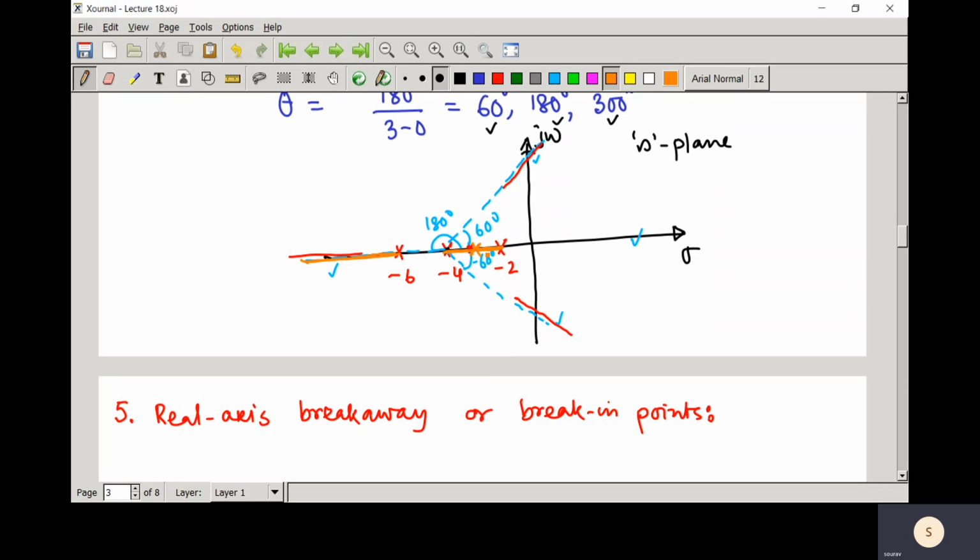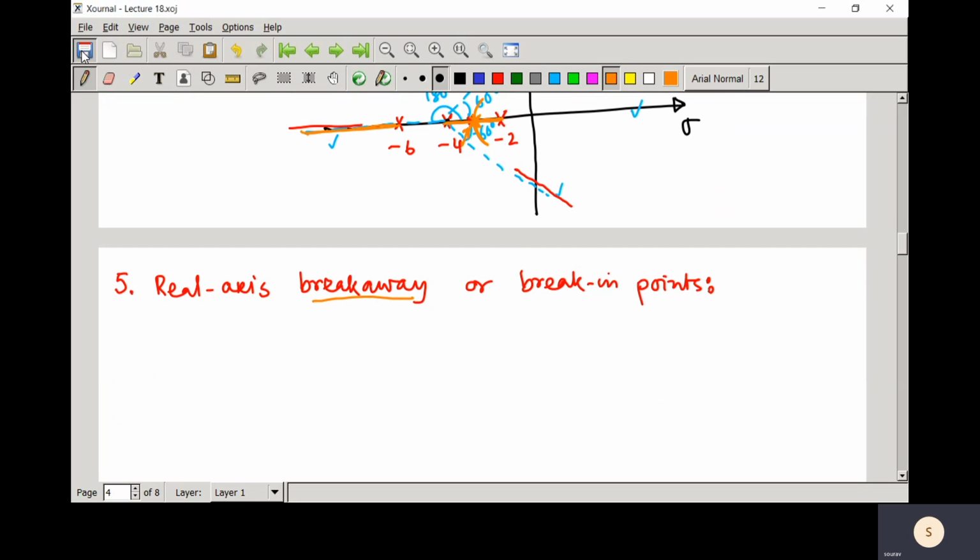So there would be some point somewhere where it will go away from the real axis. We are interested in finding what that point would be. That point is called the breakaway point. There is a formula and a trick for finding that breakaway point.